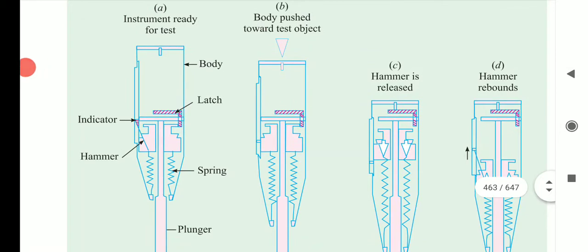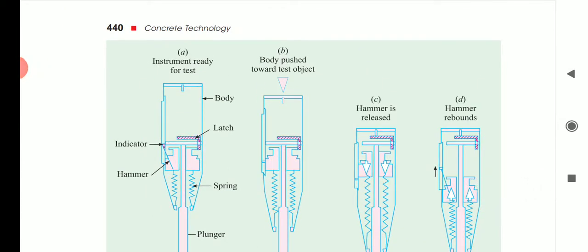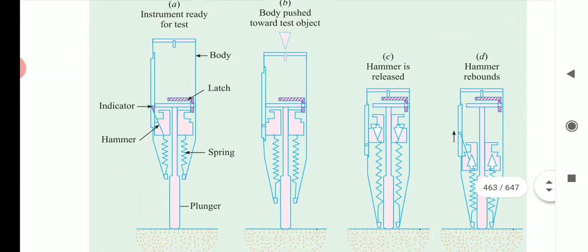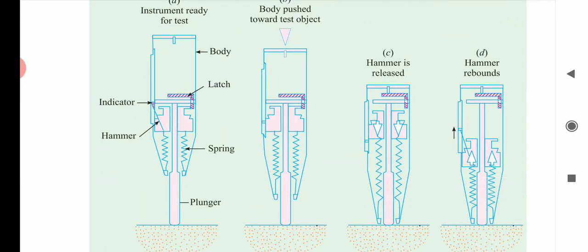So this is how the rebound hammer is. The first picture is showing the instrument ready to test. When you press this rebound hammer, the plunger will pull the spring inside on the surface of the concrete. Then it measures some number on the surface.